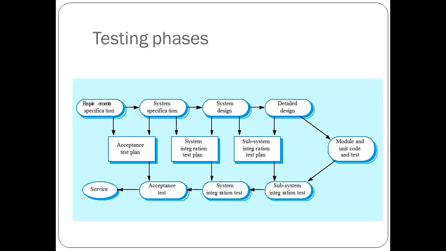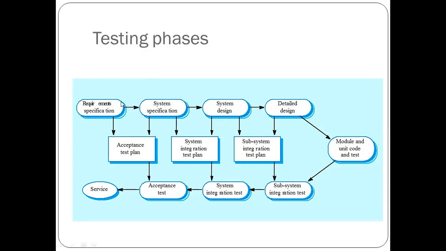So at the initial level, we will first check the requirements specification and do the requirement analysis. After that, you can see the system specification, then system design, then detailed design.